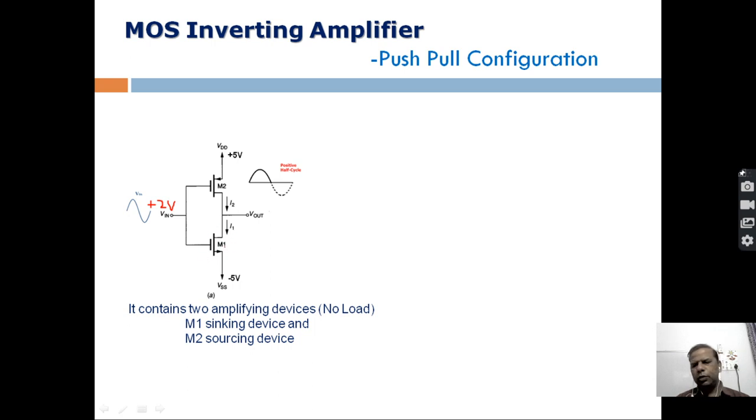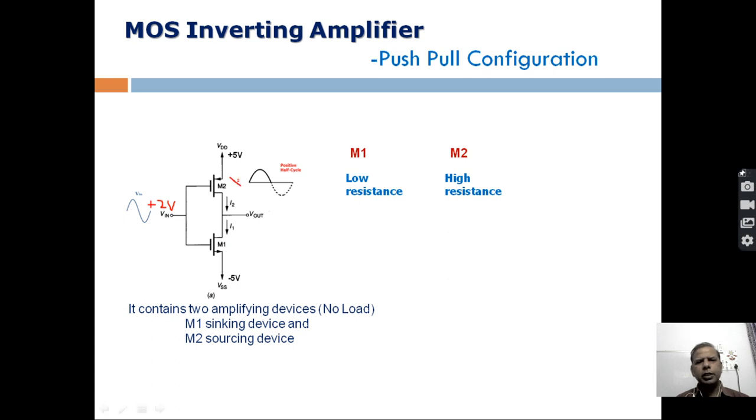So this device offers a very low resistance path. While if we consider this device, here also there is a potential difference, and still you see this terminal is at lower potential as compared to this. But this potential difference is not as big as this potential difference. So this device will not offer very low resistance, or you can say as compared to M1 this device offers high resistance.